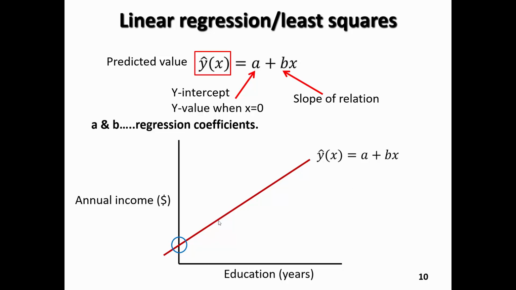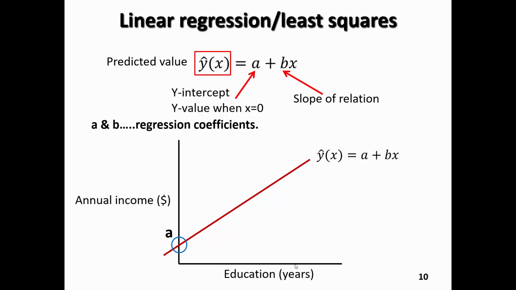Here we see, just as a visual observation, that as a person's number of years of formal education is greater, their annual income will rise as well. And this line is described by y hat of x is equal to a plus bx. If we set education in this model to 0, that's where the line intersects the y-axis. And that a value is what we would input into that equation. So this is a fixed value.